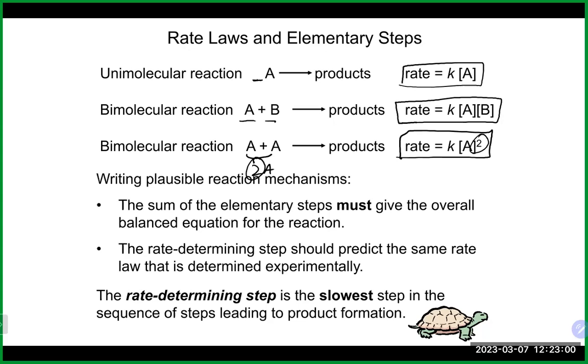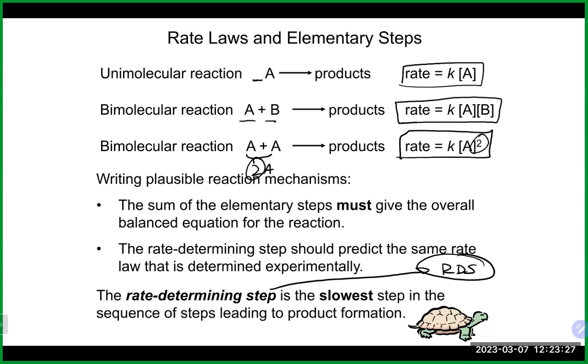If you add up all the individual steps and it does equal the reaction you're looking at, it's a good mechanism so far. The second thing you need to understand is the rate determining step, sometimes referred to as the RDS. The rate determining step is the slowest step in the mechanism.